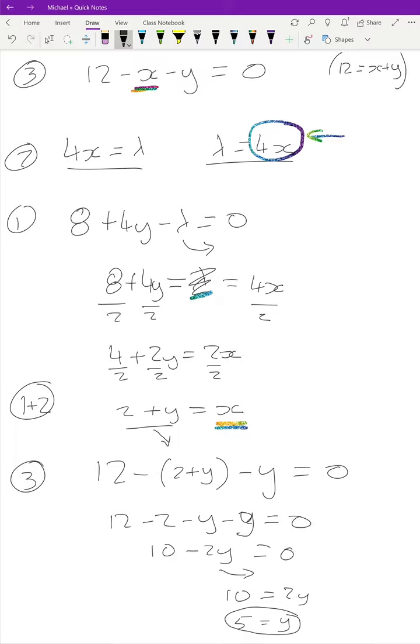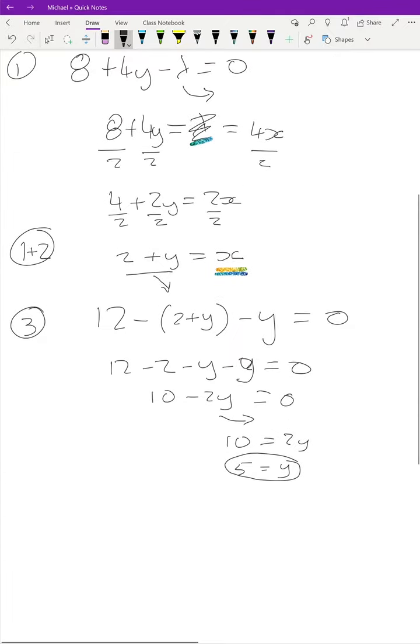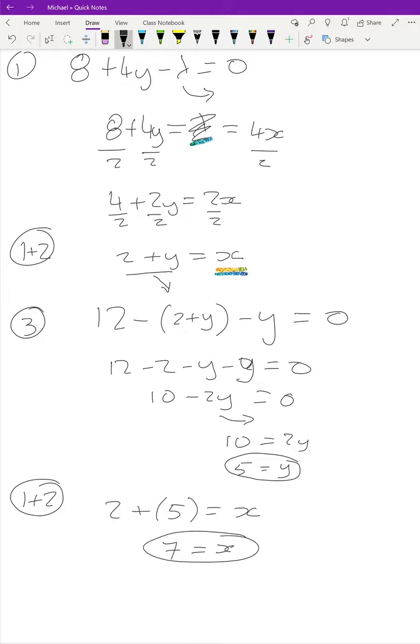So then I can take this and put it back into the one we called 1 plus 2. 2 plus y equals x, but y is 5, according to what I just found. So 7 equals x, and I've got my next solution.